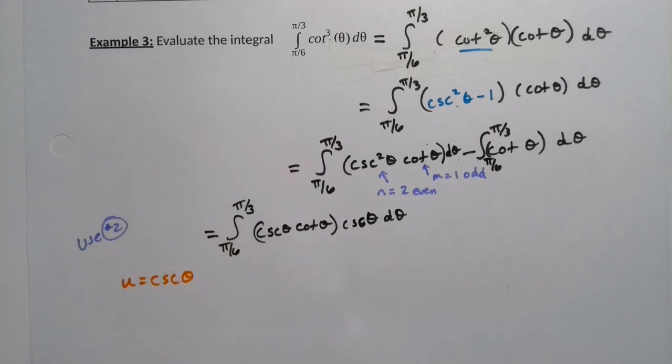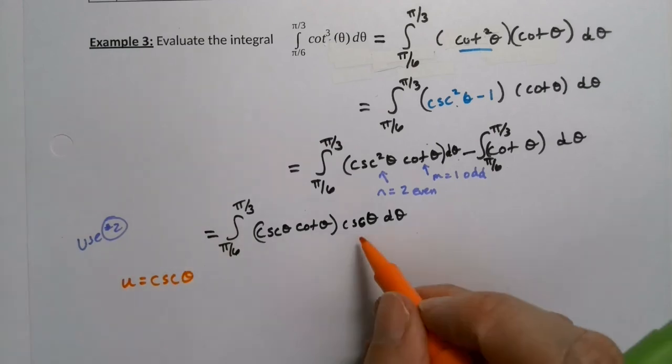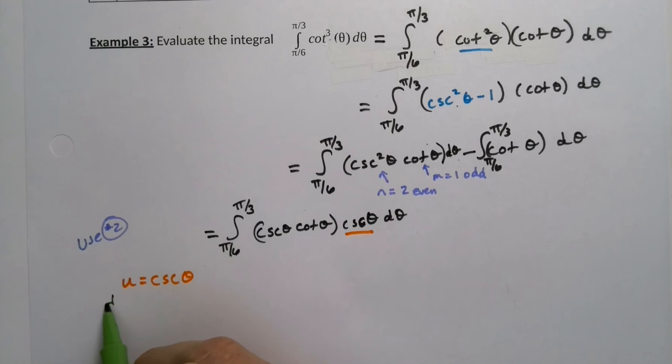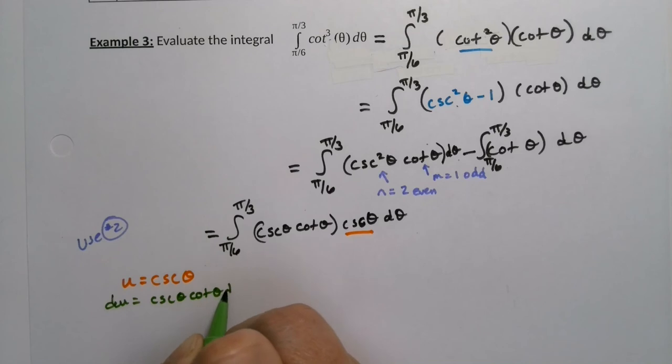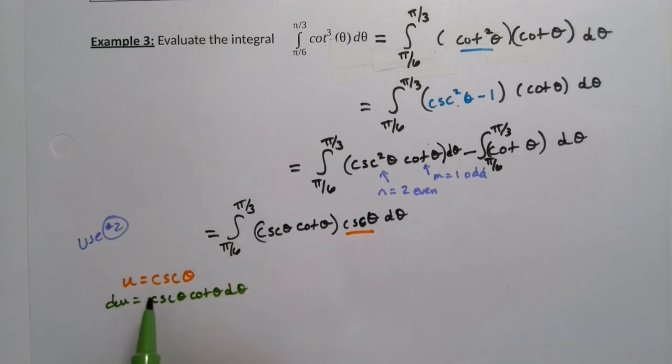And then du would be equal to the cosecant of theta, the cotangent of theta, d theta. Because the derivative of cosecant is negative, actually. So then I want negative du, which is cosecant theta, cotangent theta, d theta.